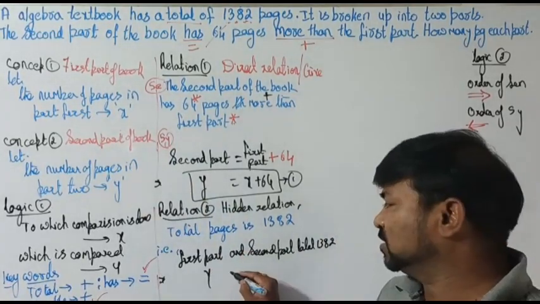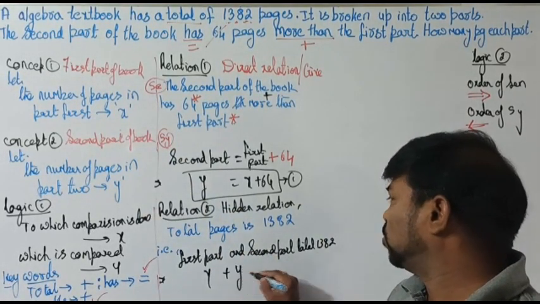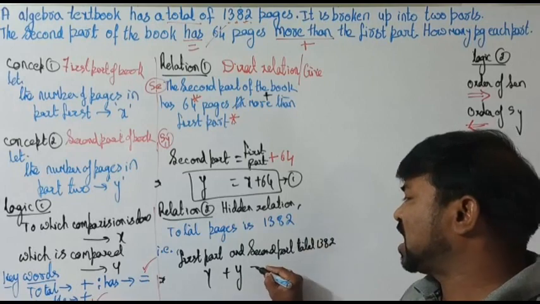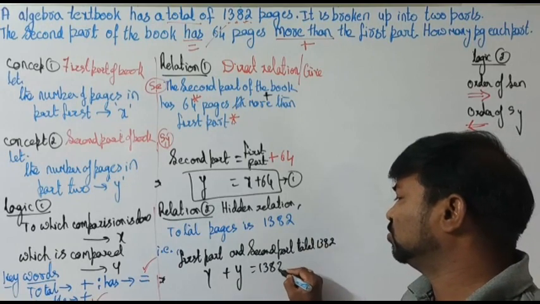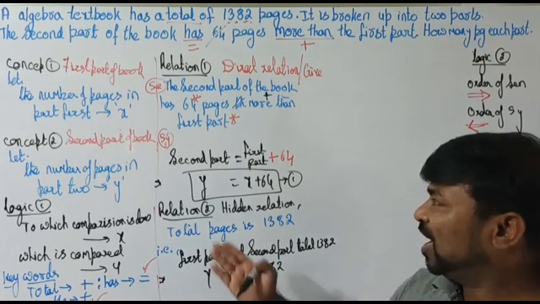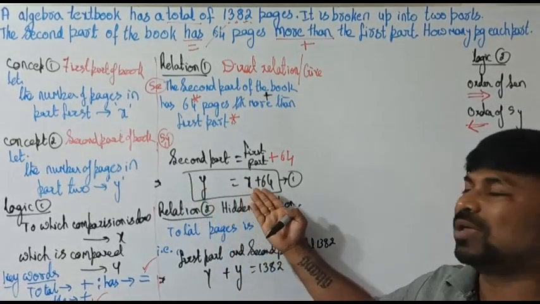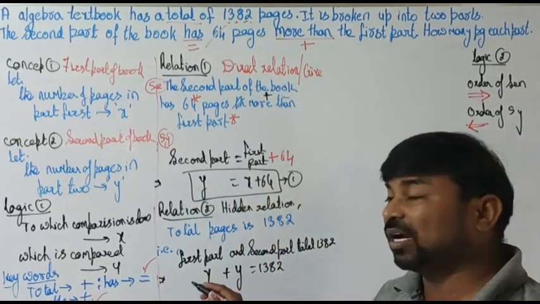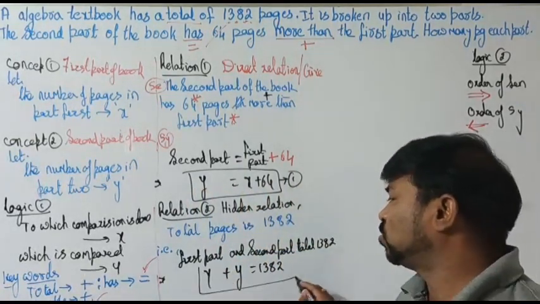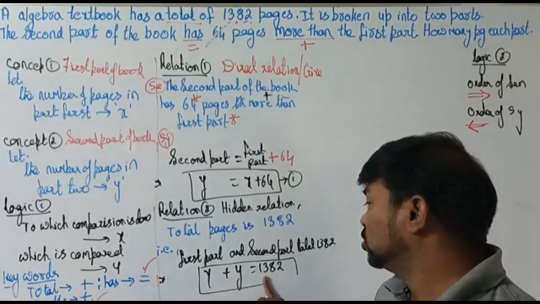Of course, "and" means plus. The second part is y. "Is" or "has" is nothing but 1382. Now we got x, y is equal to x plus 64, and the second one, the total is x plus y is equal to 1382.